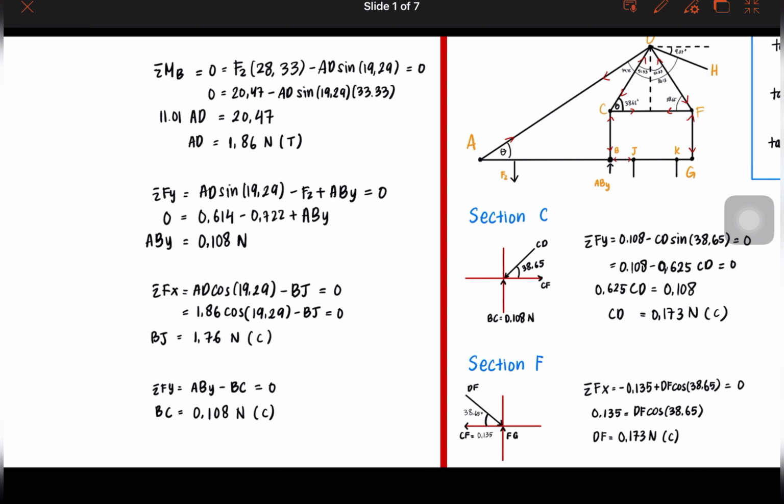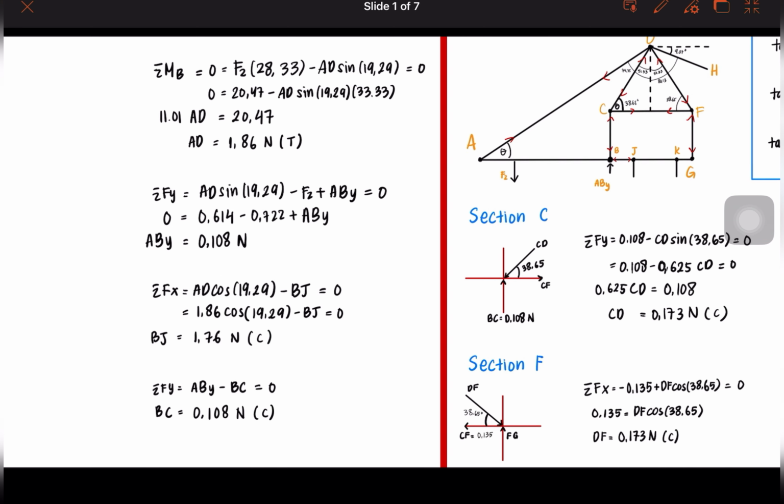Okay, so now, minus AD sin 74.35, which is the angle. We have found the angle of each of the members using tan inverse y over x. So now we have the angle of AD, CD, DF and DH.